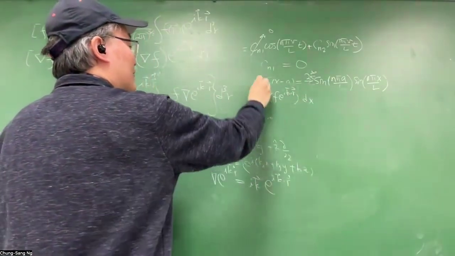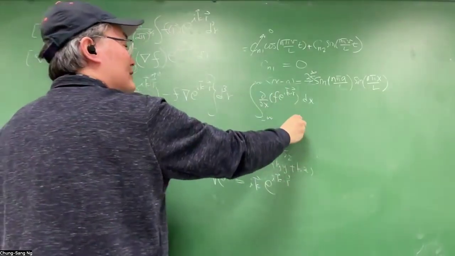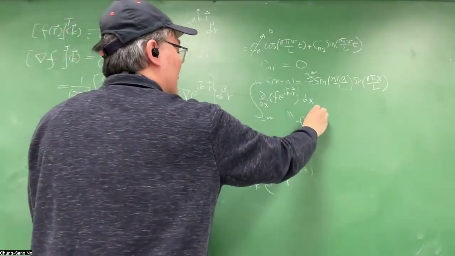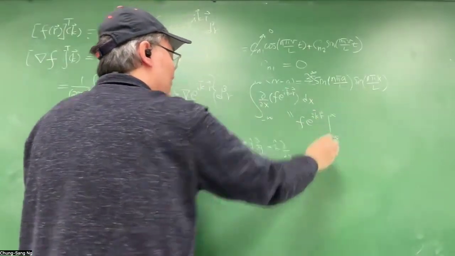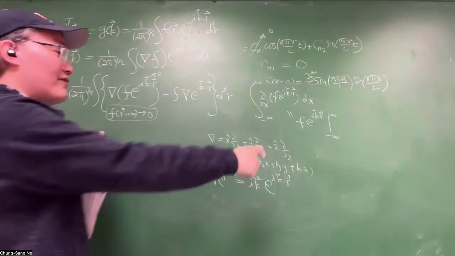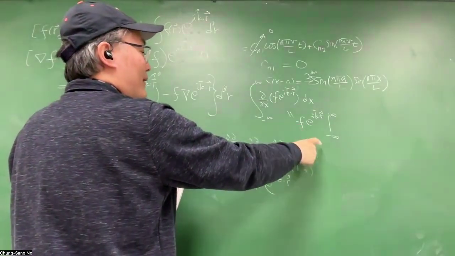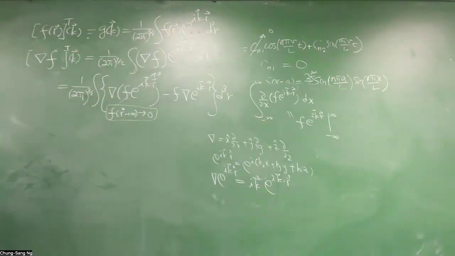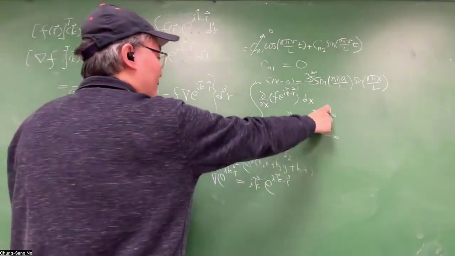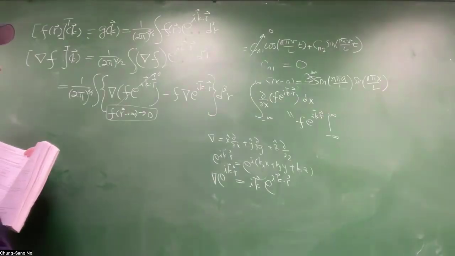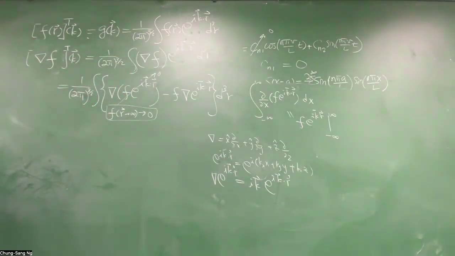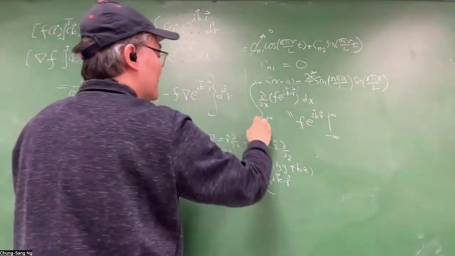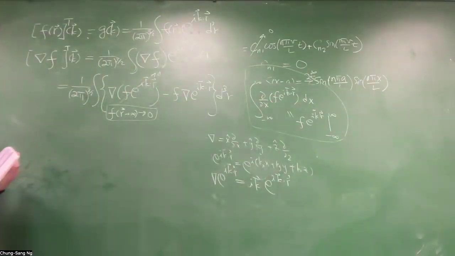This is the total derivative, which gives you F evaluated at minus infinity and infinity. You assume F falls off fast enough, and that will be 0 at both ends of x, so that gives you 0. Okay, so that's the argument.